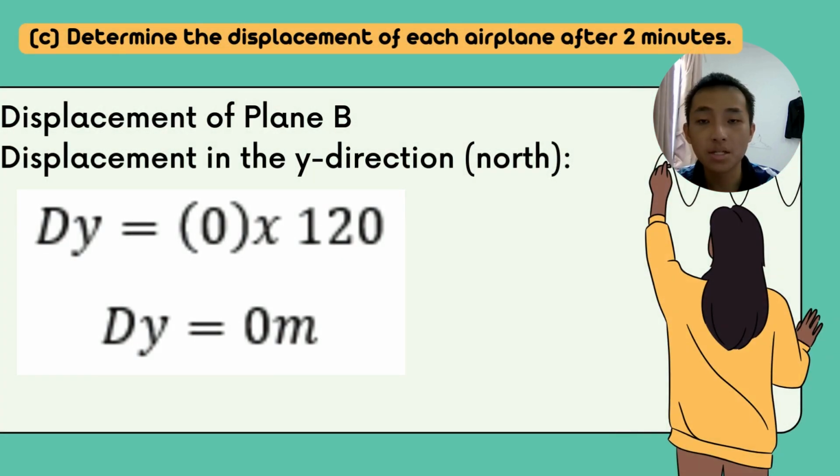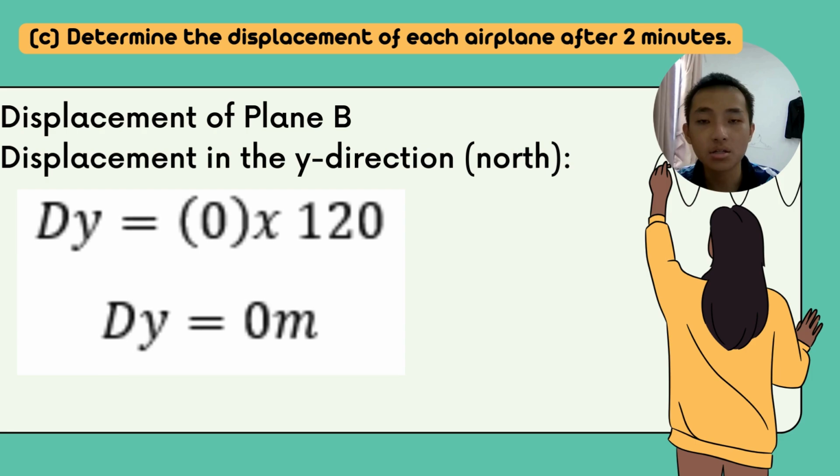For the displacement in the y direction, north, it is zero because there is no movement to the north.